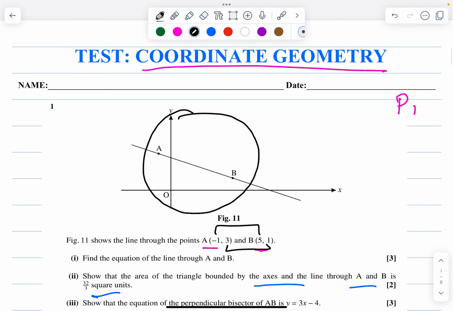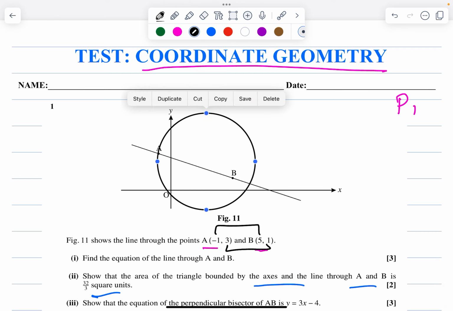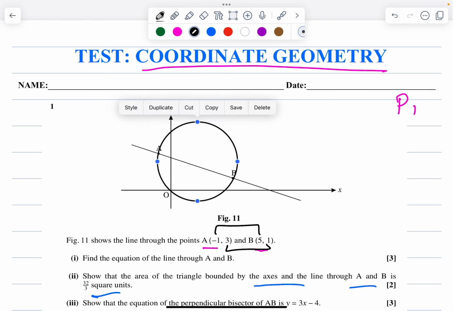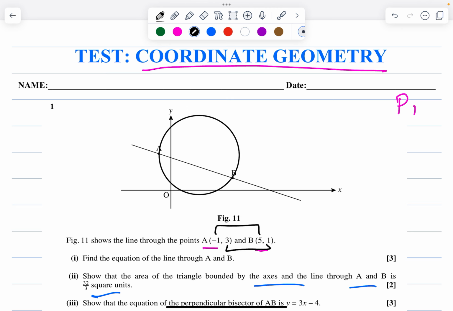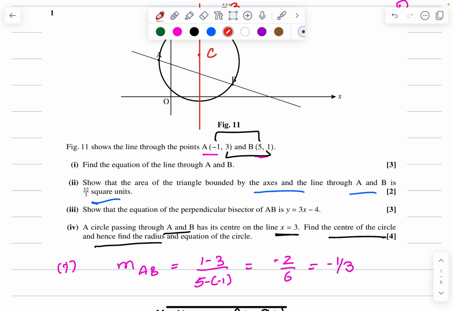So there is a circle which is passing through A and B, and the center is on the line x equals 3. This line is x equals 3.